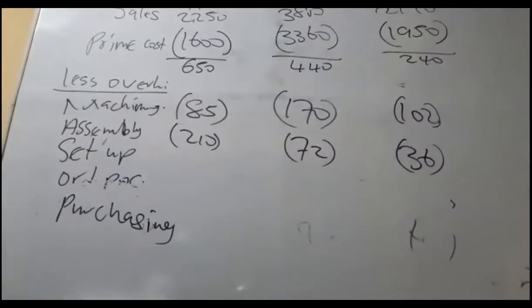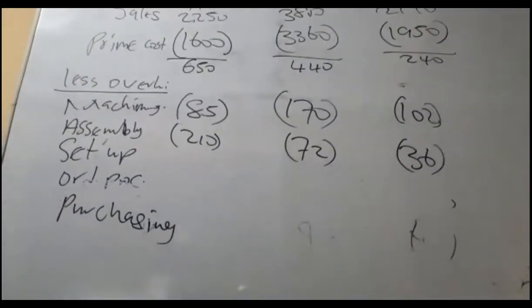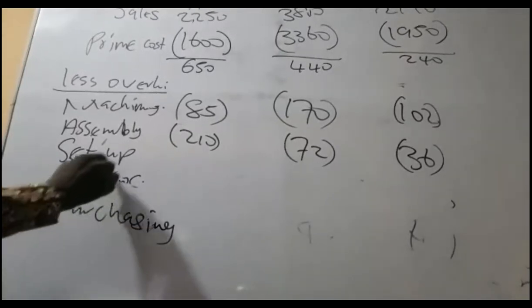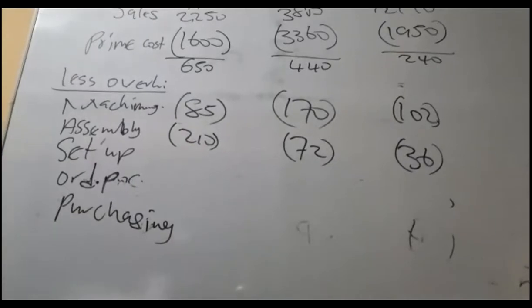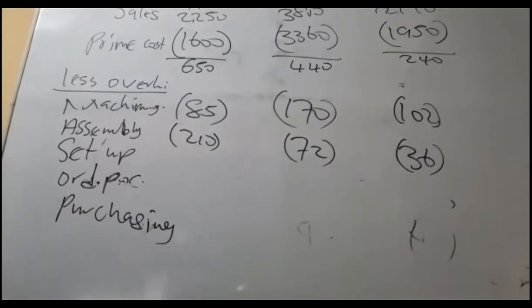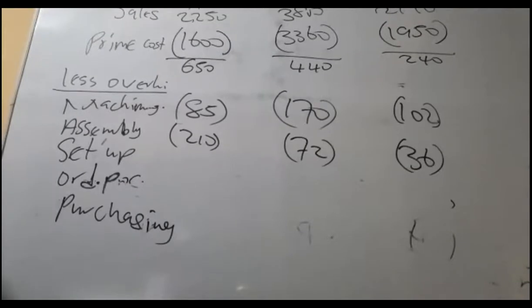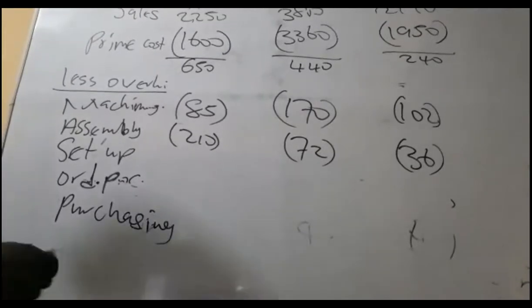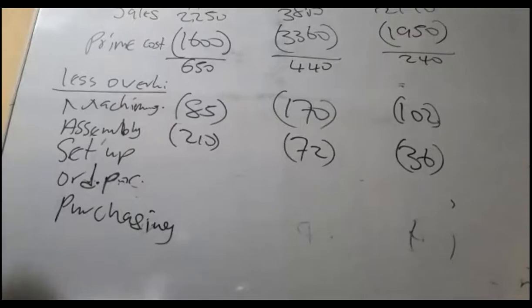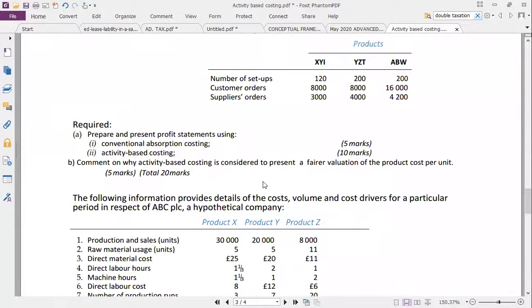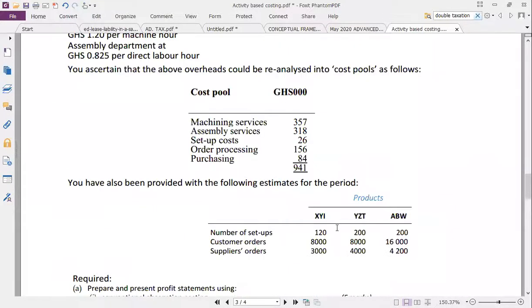Okay. Now for setup, here we want the total. We want step 5, not step 6. So for setup, we had 50 as the cost driver rate. So go and pick the number of setups for the first product. Setup for the first one is 120.